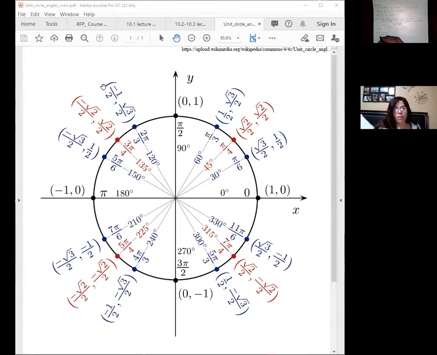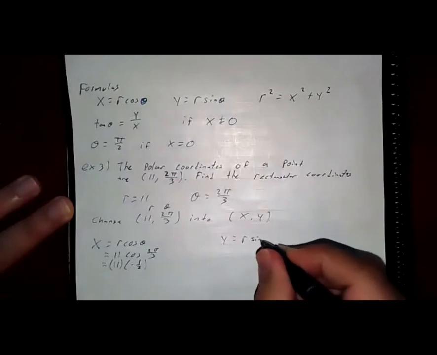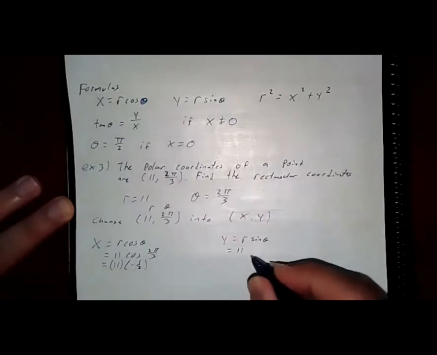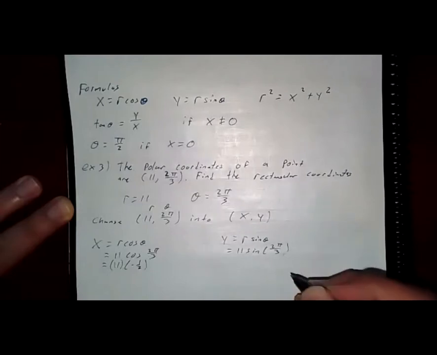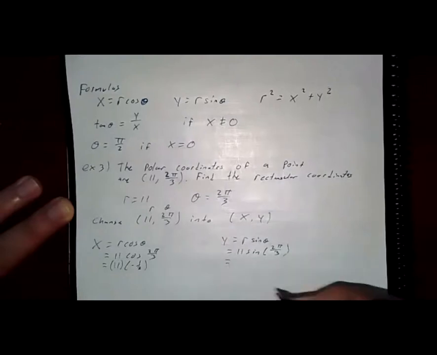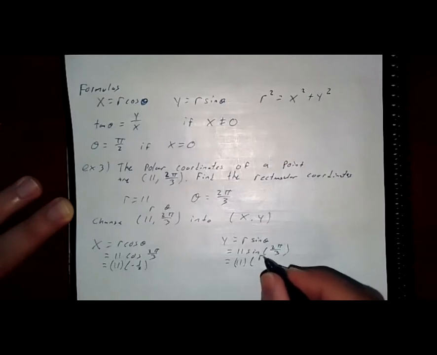So right here we have 11 times negative half, right? The x value. So now the y is equal to r sine theta, which is equal to 11 sine of 2 pi thirds, which will be 11 times square root 3 over 2 that we saw a minute ago.